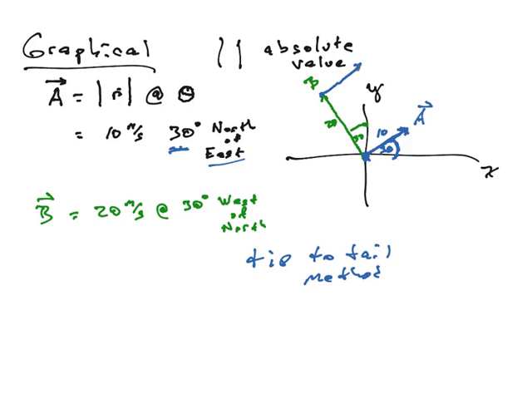Right? I took vector A, I slid it to the tip of vector B without rotating it, and I redrew it there. So now here's my fake vector A. And now, the last step is to just draw a new vector. Of course, all vectors start at the origin.